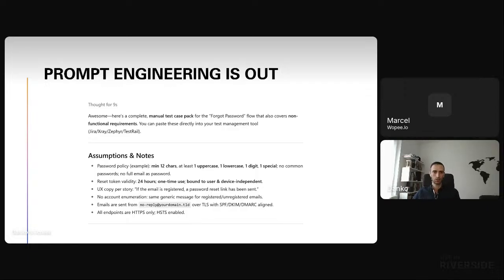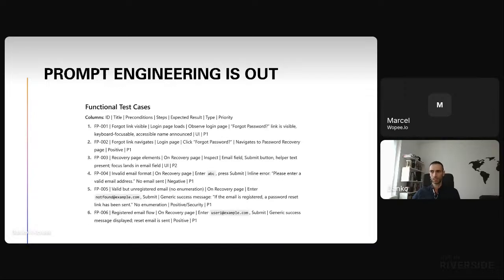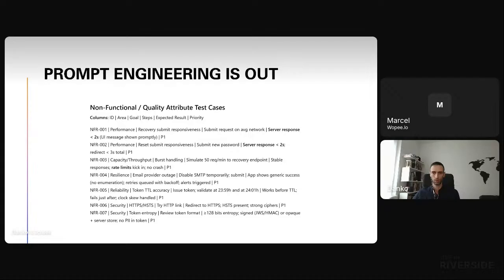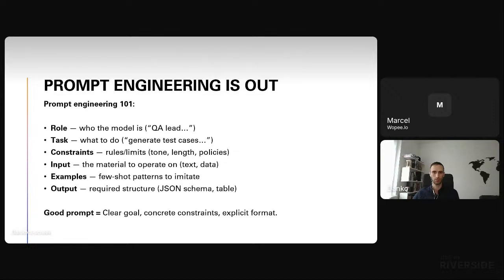So even with the latest GPT-5 and thinking for some time, it creates a lot of assumptions, and it does say so, but the formatting is unusable, and you almost cannot do anything with it. It makes some assumptions about non-functional tests, some quality attributes, and so on.